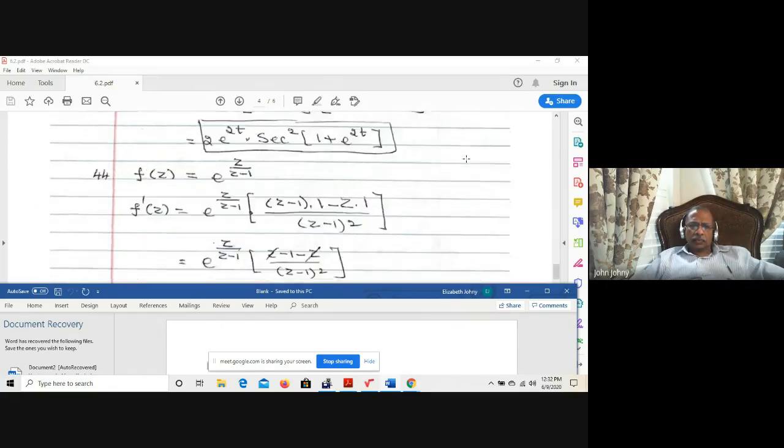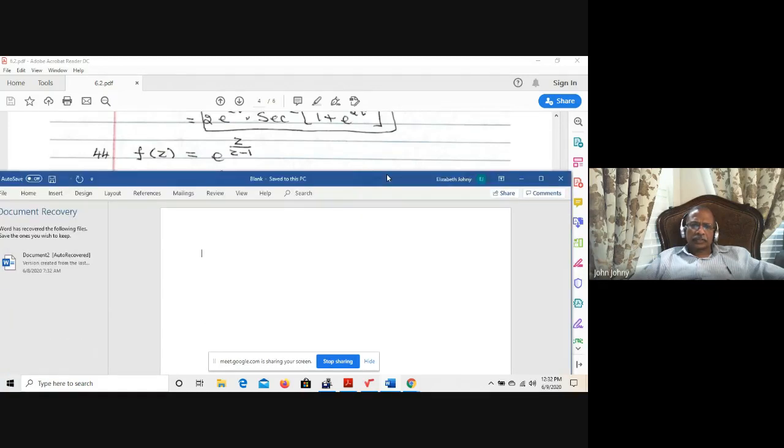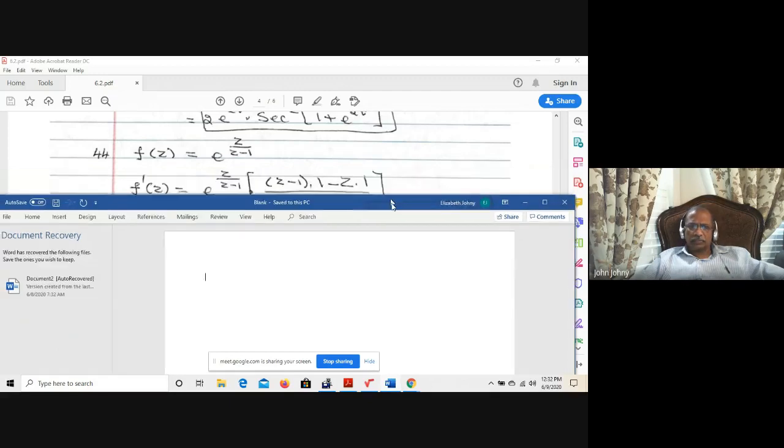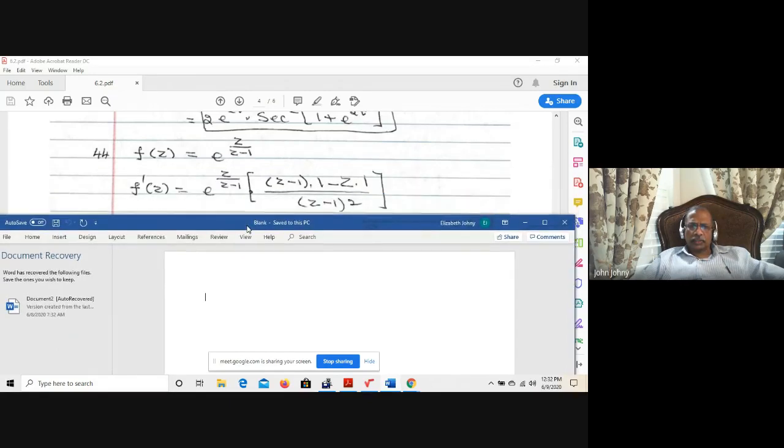Number 44. f of z is equal to e to the z over z minus 1. Same procedure. First step, e to the z over z minus 1. Now you are differentiating the expression in the exponent. Quotient rule: (z minus 1) times 1 minus z times 1, whole divided by (z minus 1) the whole squared.